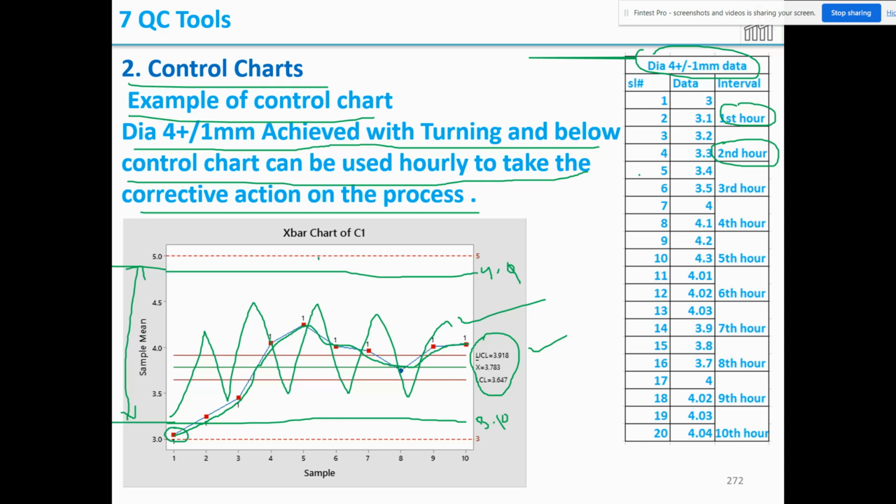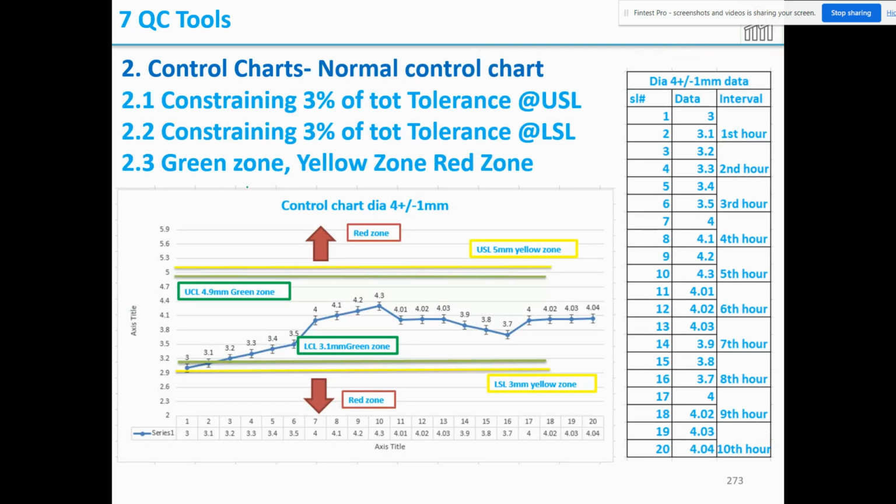From there, 5 percentage you can control upper and lower side. So that is enough, and that works in the reality. So that's what they have done. They have taken only 5%, and they have created a lower control limit and upper control limit. So the data can be varied within the control limit.